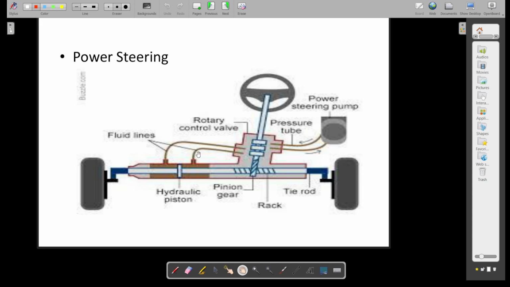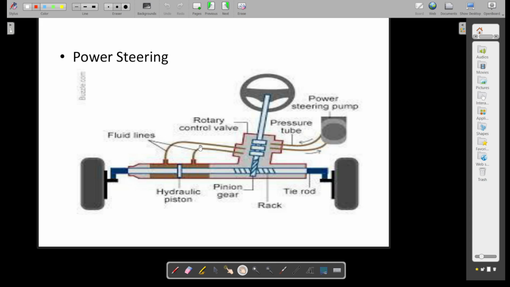So the effort needed to steer the wheels is more in the case of the Maruti 800, because we don't have power steering. Power steering is a mechanism that is used to assist the movement of the rack and pinion. When I say there is a power steering, there is a mechanism.